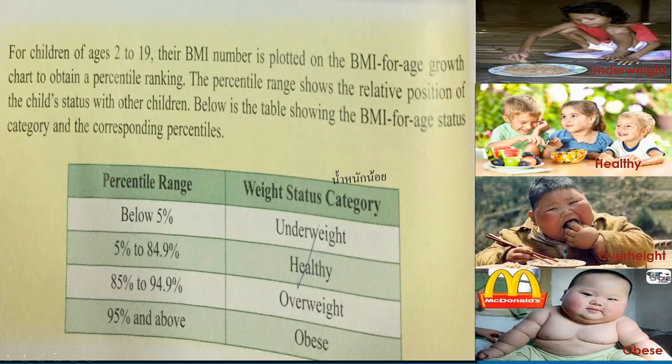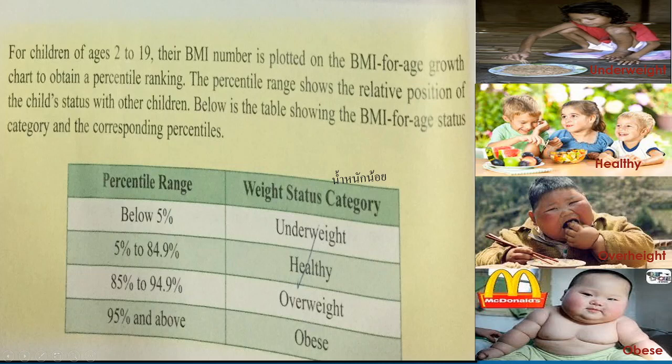For children aged 2 to 19, below the 5th percentile, the weight status is underweight. 5% to 84.9%, the weight status is healthy. 85% to 94.9%, the weight status is overweight.